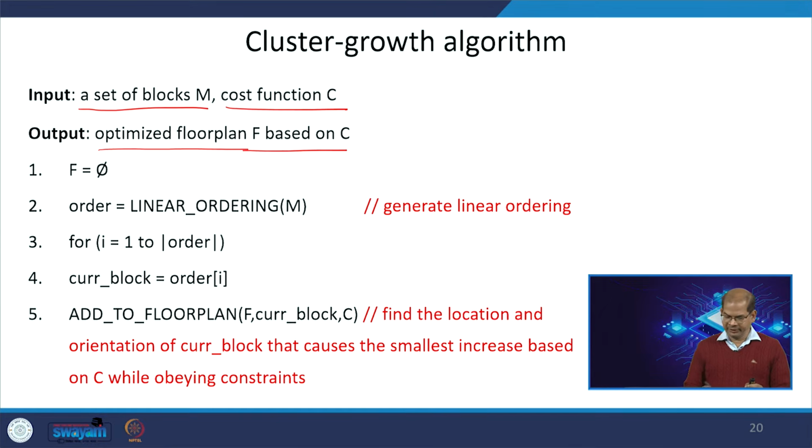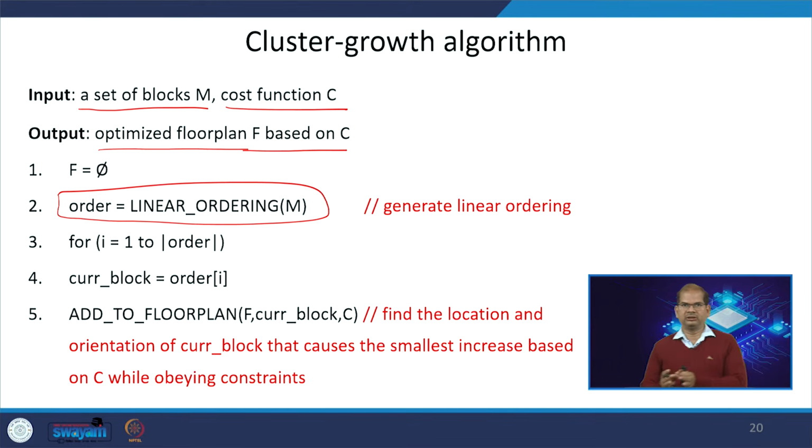First, we run the linear ordering algorithm we discussed earlier. It will generate the order of the blocks, meaning after A which block will come. Then we take one block at a time and add it to the floor plan, either horizontally, vertically or diagonally.